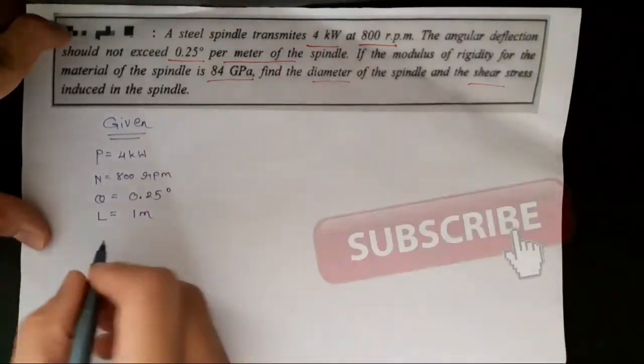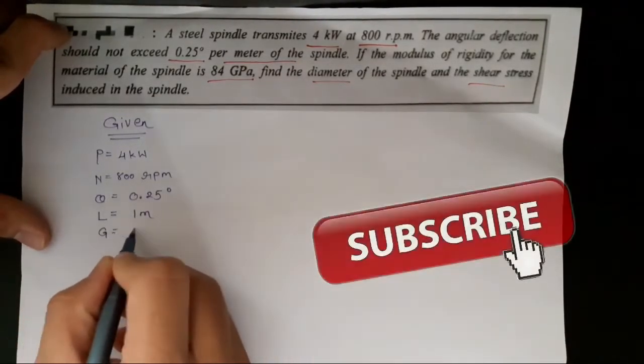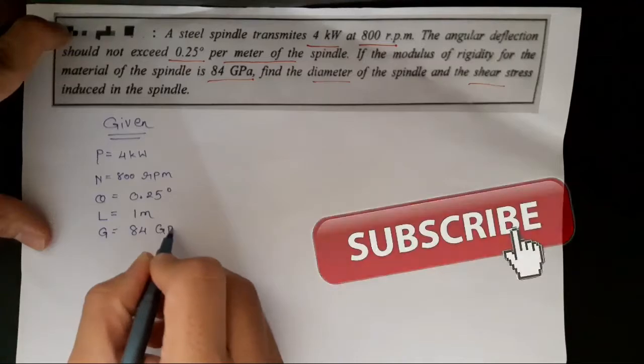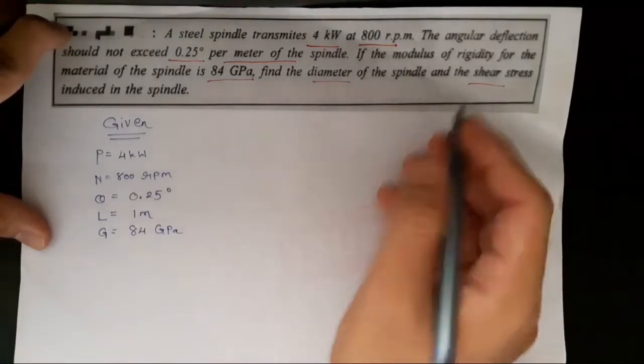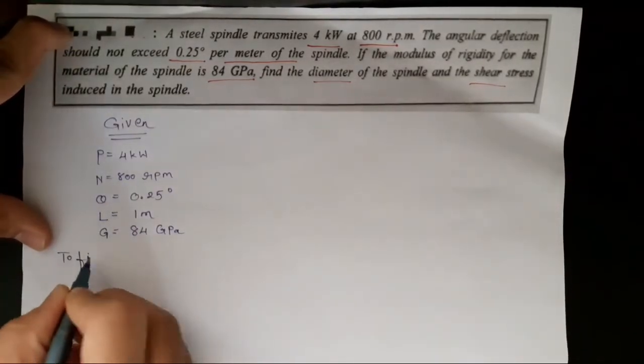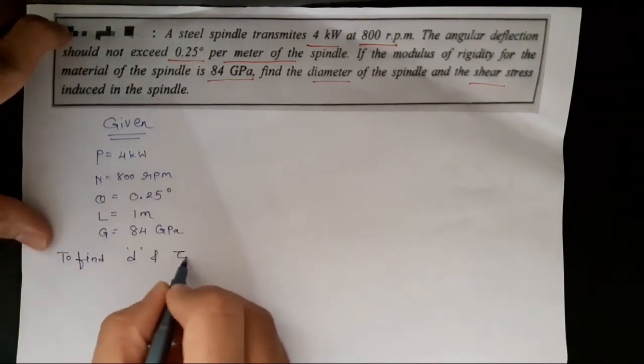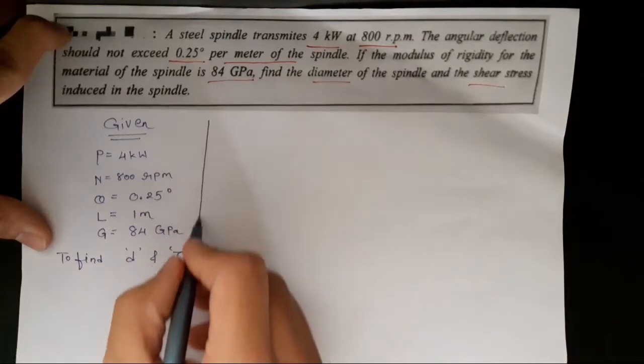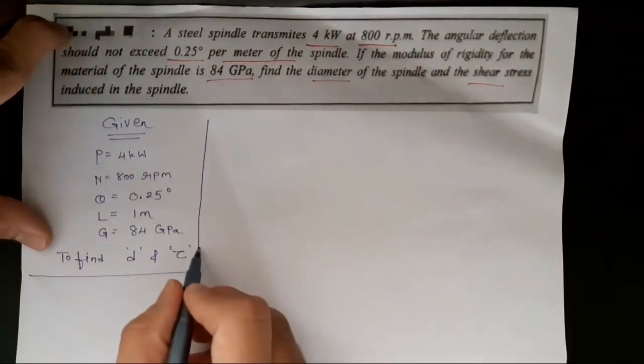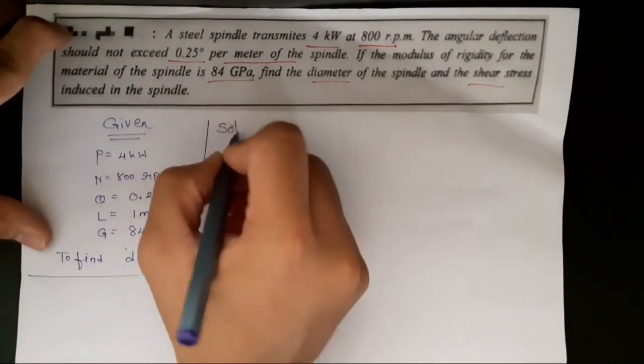The modulus of rigidity G equals 84 gigapascal. To find: the diameter of the shaft and the shear stress induced in the shaft. This much data we have, so we will move towards the solution.